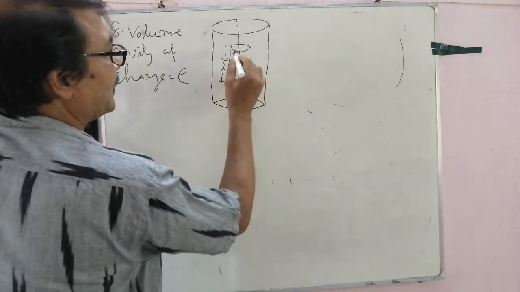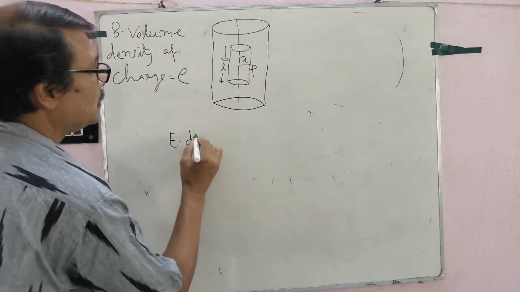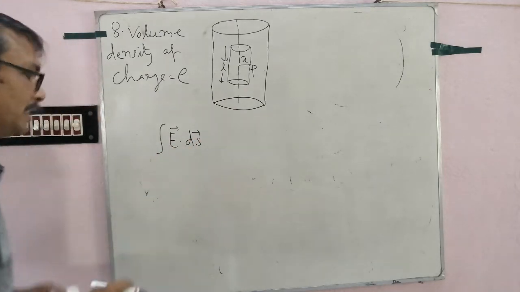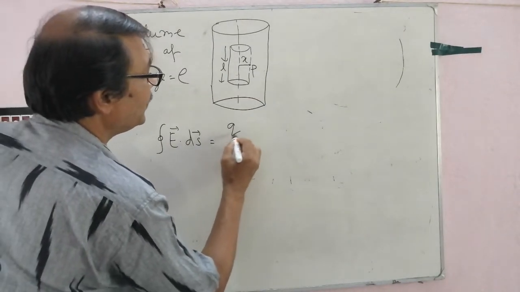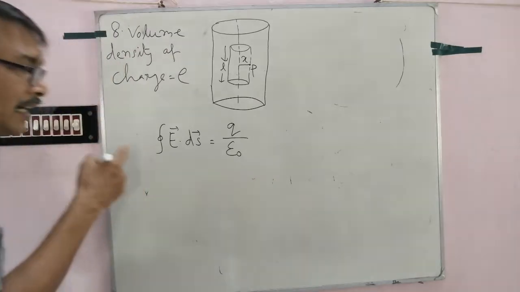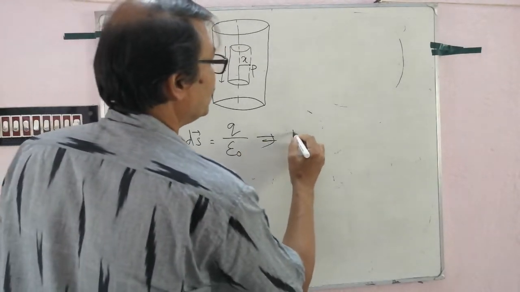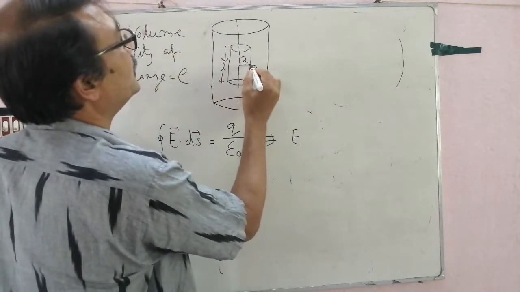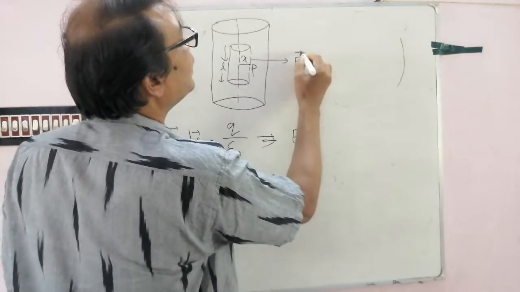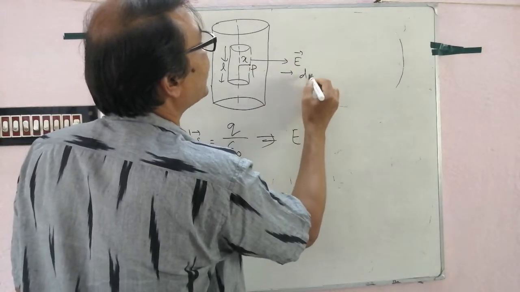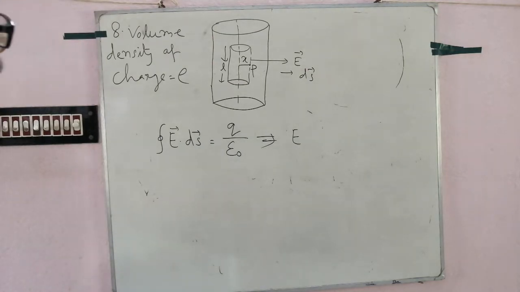If we apply Gauss's law, this is the Gaussian surface. So the integral of E dot ds equals Q by epsilon naught. This is Gauss's theorem. E follows this direction, and ds is also in this direction. So E dot ds equals E ds cos 0 degree, that is E ds.